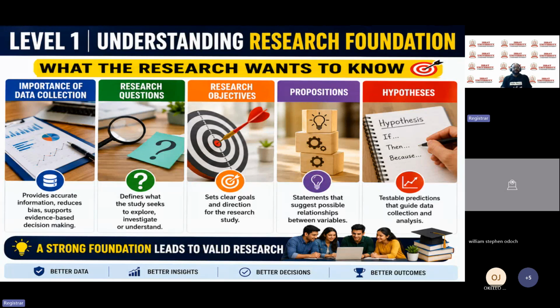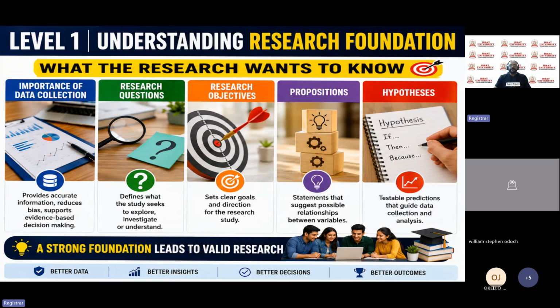So we have seen why important is data collection, how we convert data collection from the research questions to research objectives, to your propositions, to your hypothesis. So we understand that a strong foundation leads to a valid research.